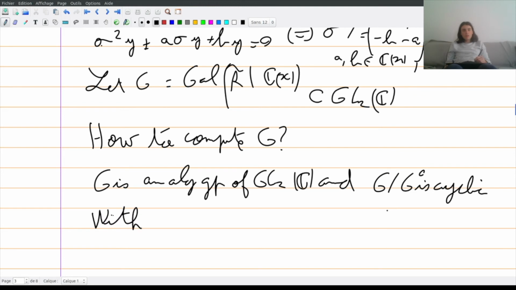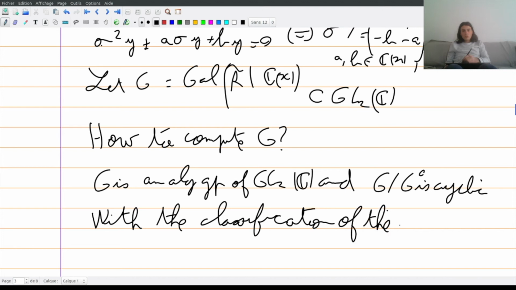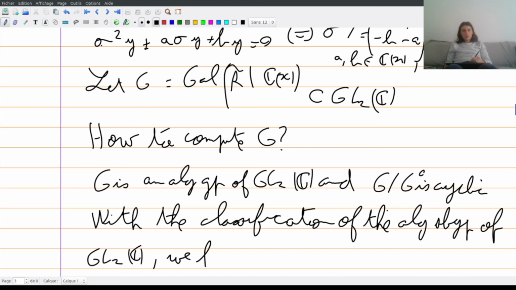And with the classification of the algebraic subgroups of GL2(C), we find that three situations occur.